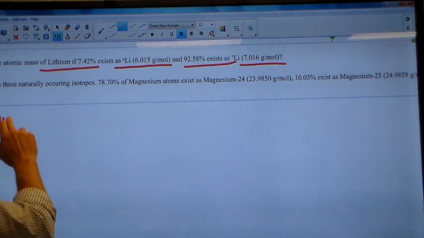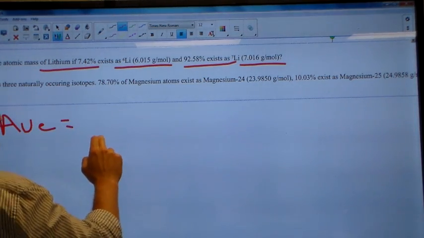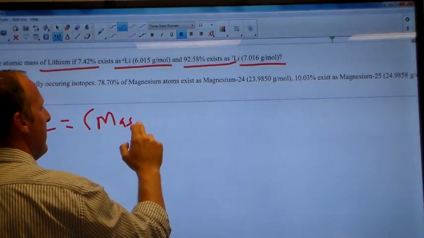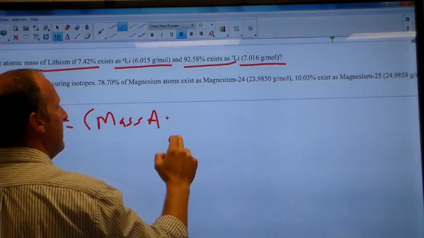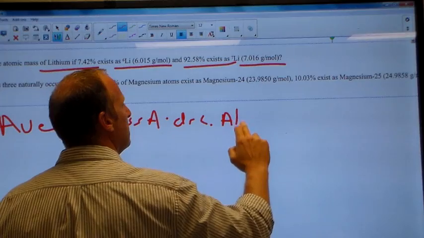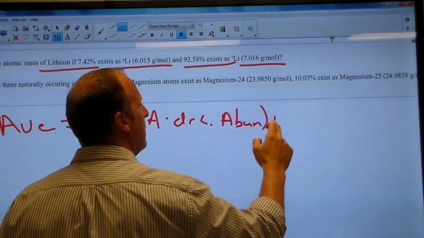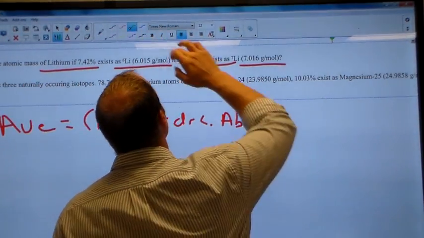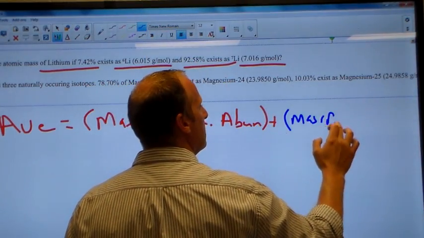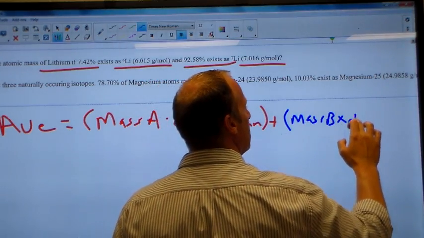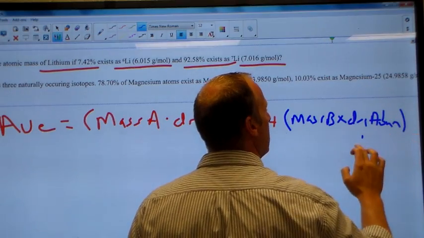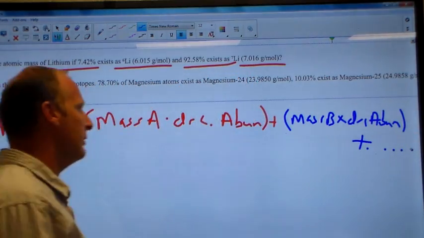So the average mass equals the mass of isotope A times its decimal abundance plus the mass of B times its decimal abundance plus, etc., etc., etc., however many isotopes that you have.